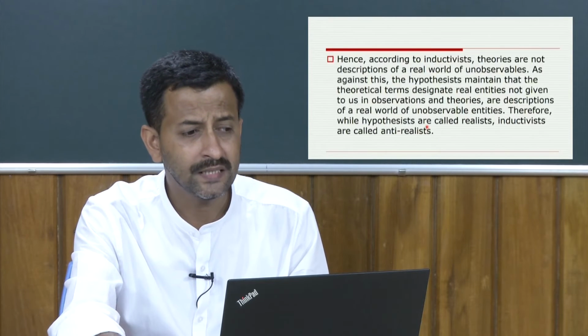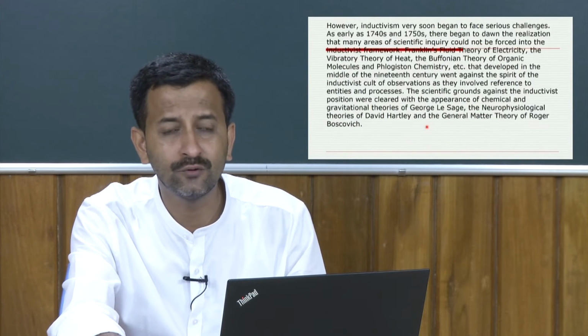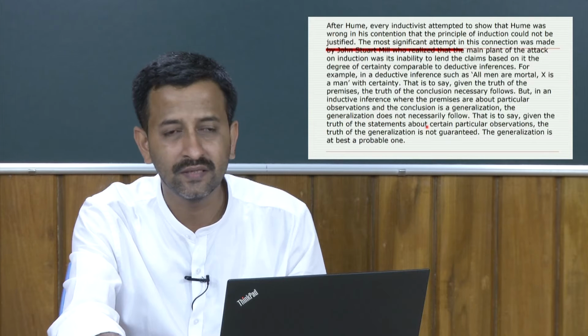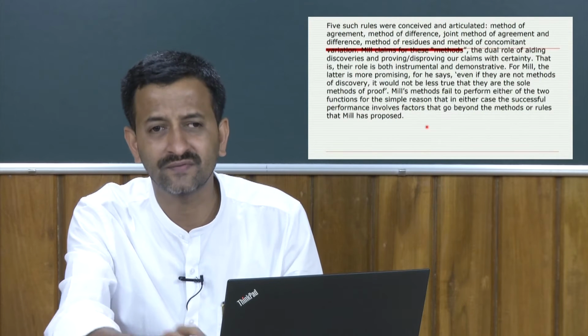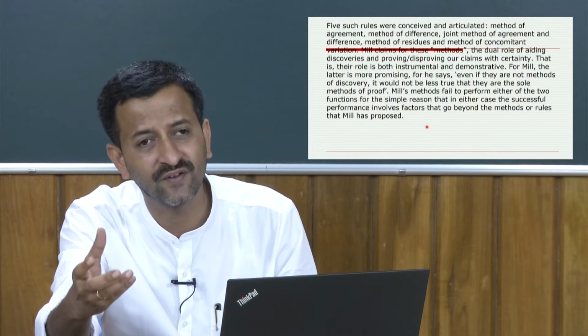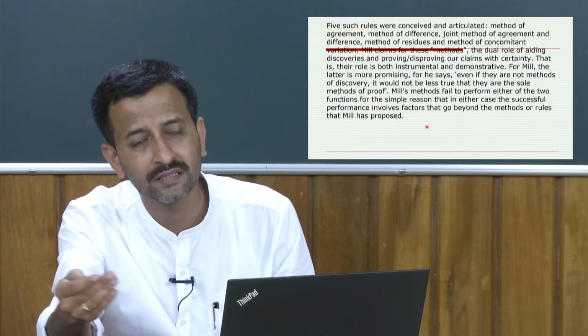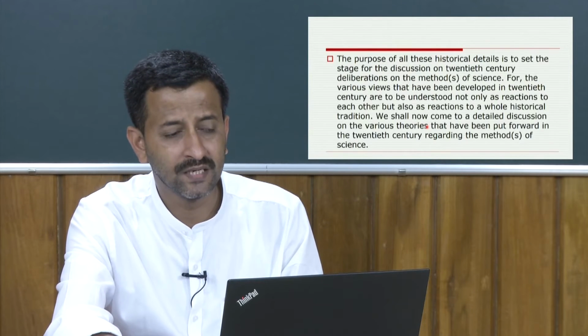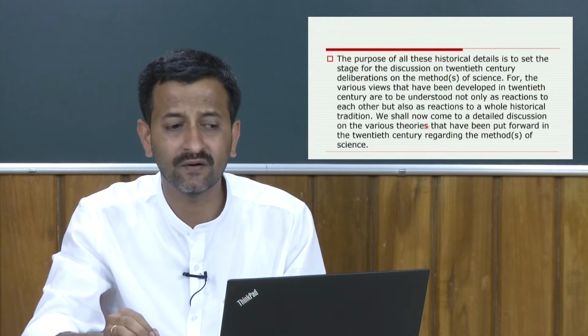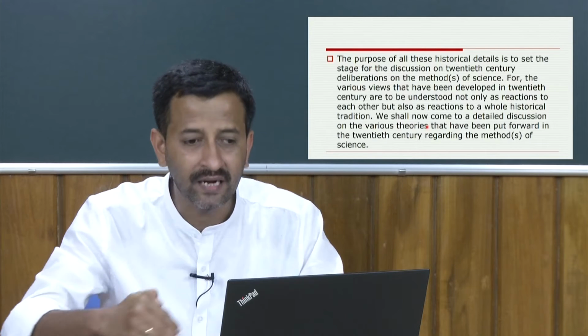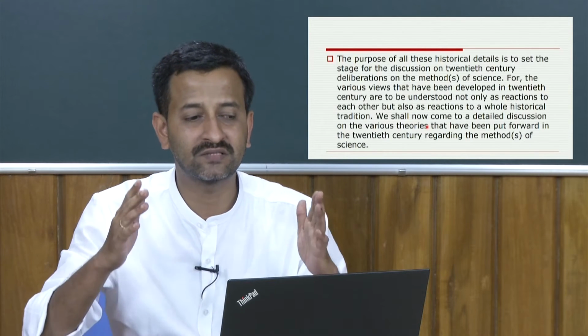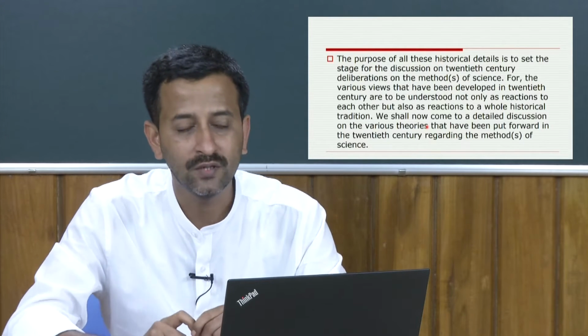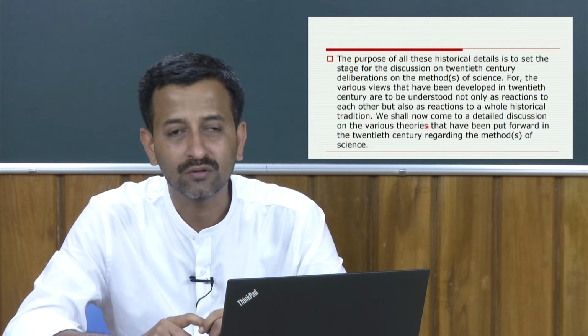Why do we do this exercise in STS studies? Why do we study philosophy of science and methods of science? The intention of all these historical details is to set the stage for the discussion on 20th century deliberations on the methods of science.